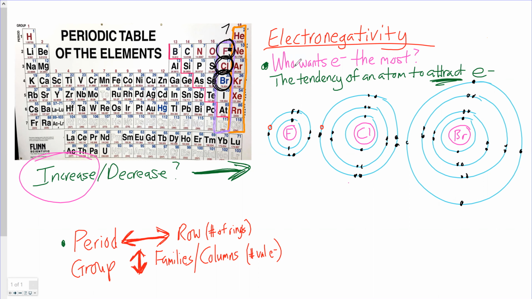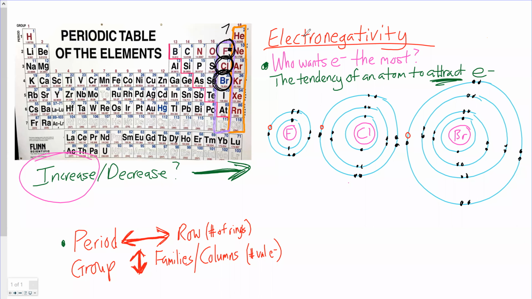How many, Joe? 7. 7 again. All right, and he again just wants this one last electron. Now, remember the whole goal is for you to meet the octet or for your shell to be completely full. Now let's look at the 3 of these, okay?